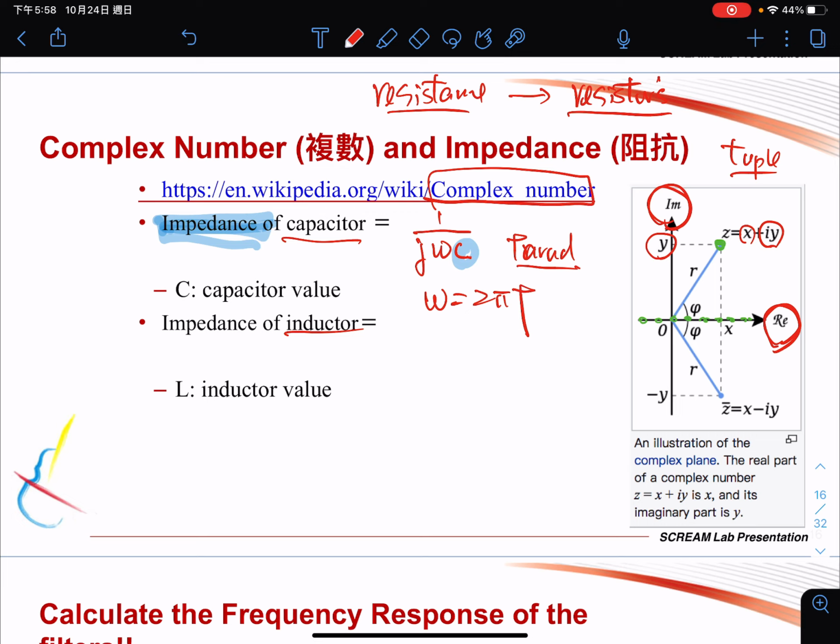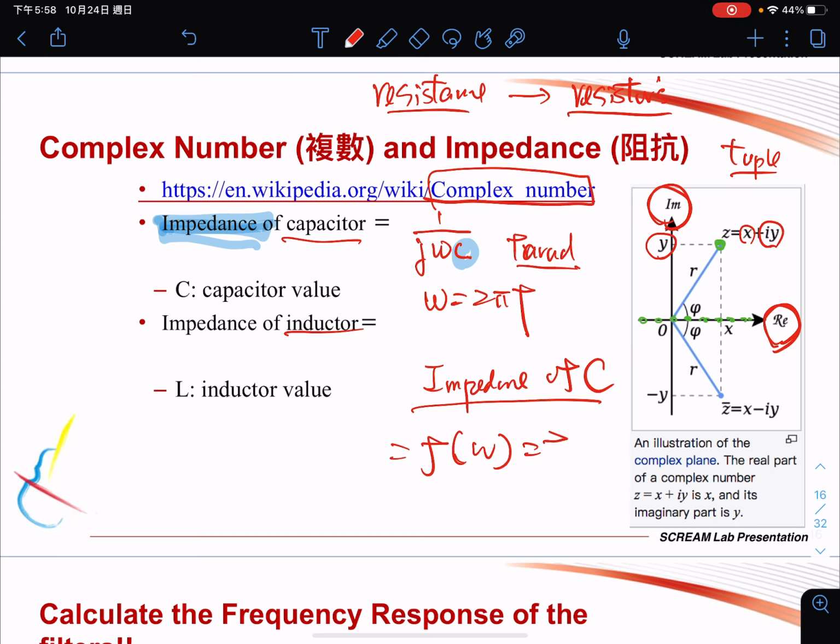I will try to derive this in my next lecture, but I just want you to know it first. So the impedance of C will be a function of omega, or you may say a function of the frequency.